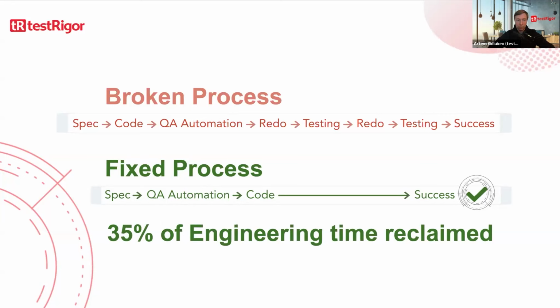You can get 35% of your engineering capacity back if you follow a better process. Moreover, you will get to significantly higher automation coverage because your QA automation engineers will be actually writing automation as opposed to doing manual testing.